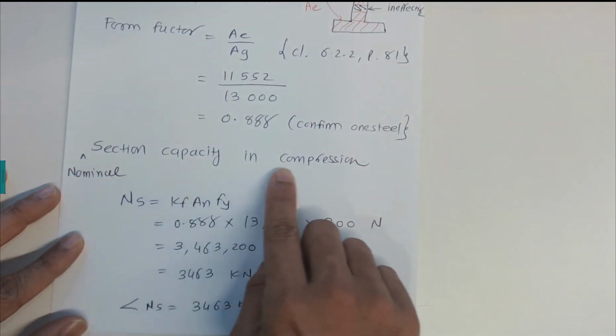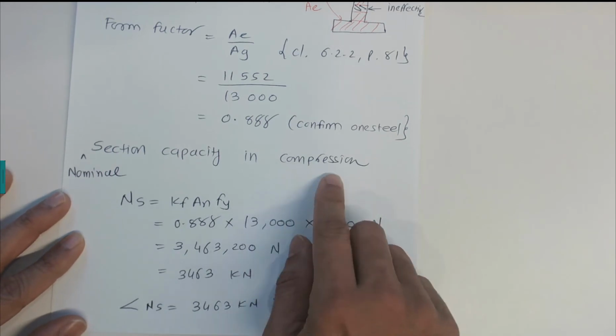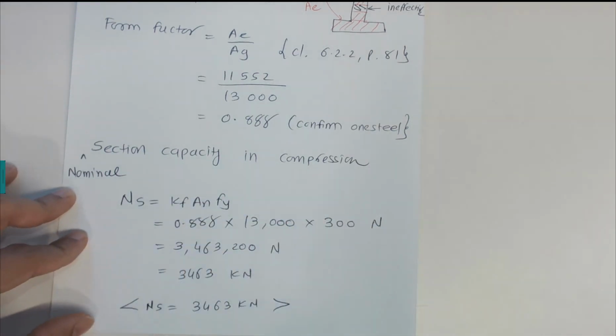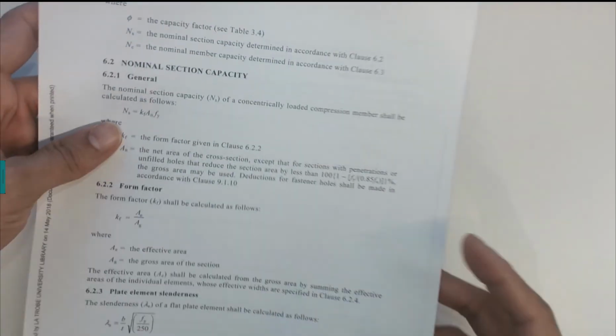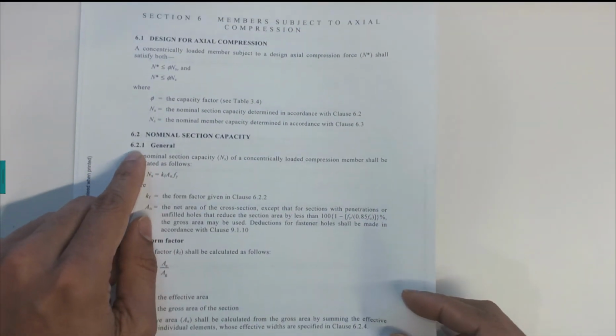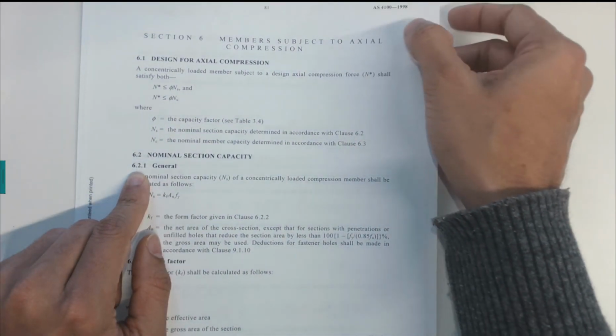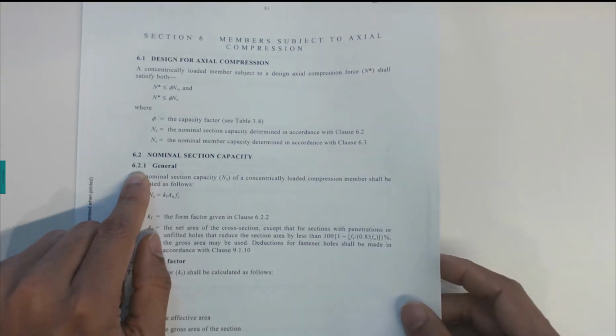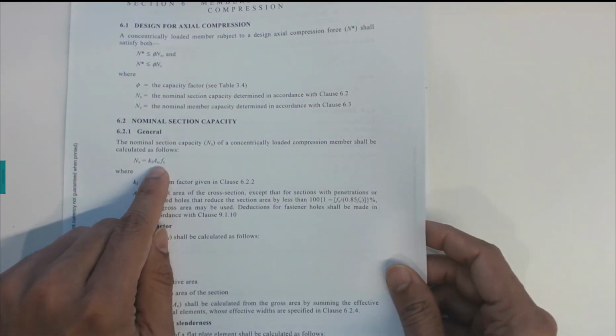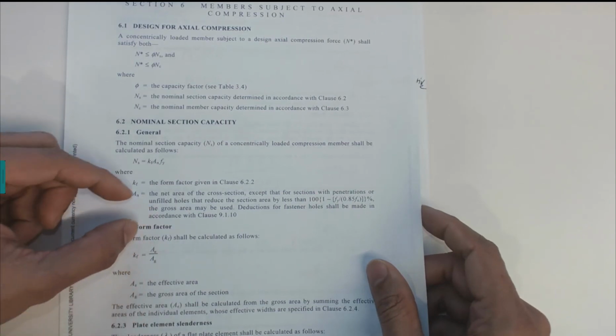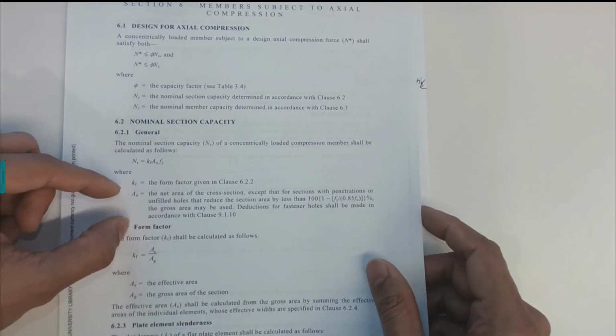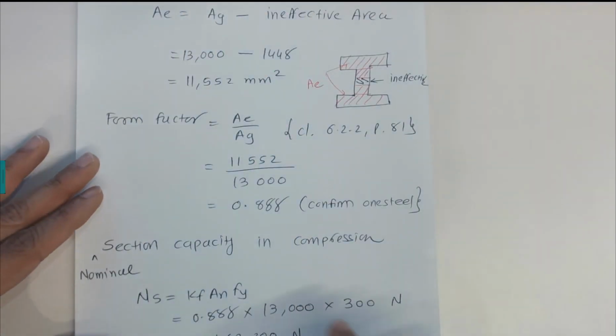Now we need to calculate the nominal section capacity in compression of that beam. The nominal section capacity is taken from clause 6.2.1 on page number 81 of AS 4100. It has an equation, KF, AN and FY. A quick note here: for our case, we are taking the gross area.